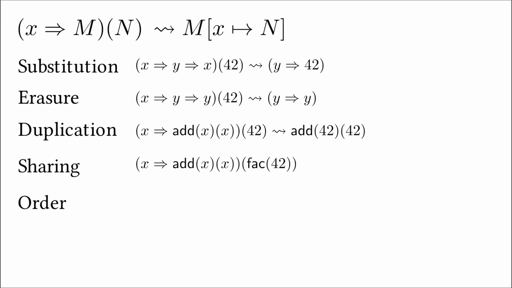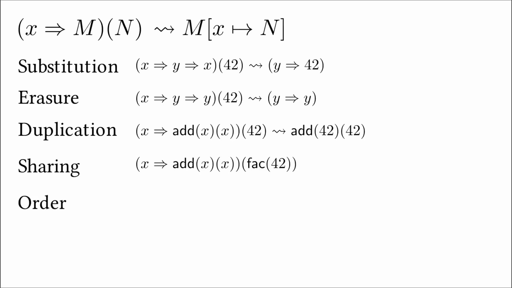And then we also have the order, which is a bit confusing, and it's not really a common notion of explaining this. If you have a function application with a function on the left side, for example x to m, and the argument is n, only then, if the left side of the function application is actually a function, can the n be substituted into x.